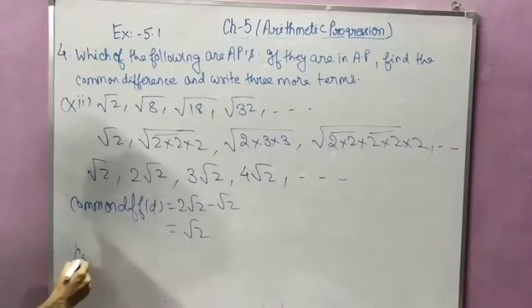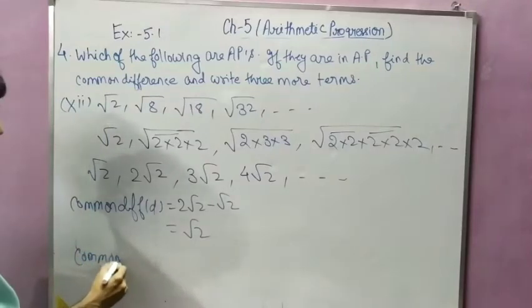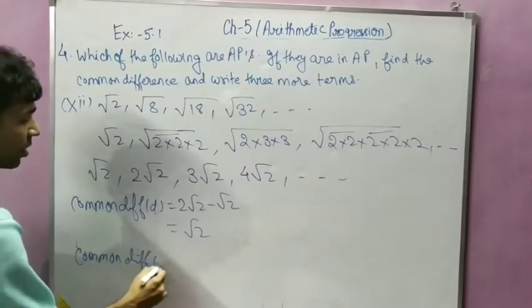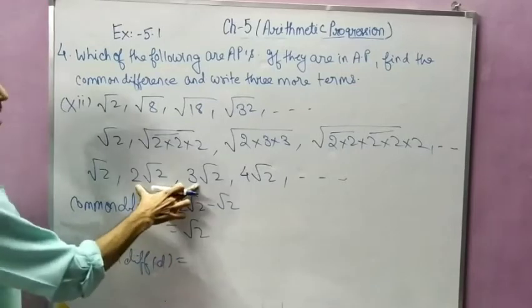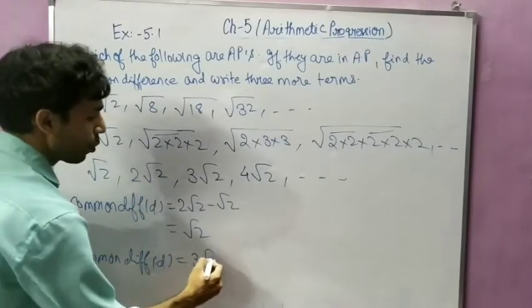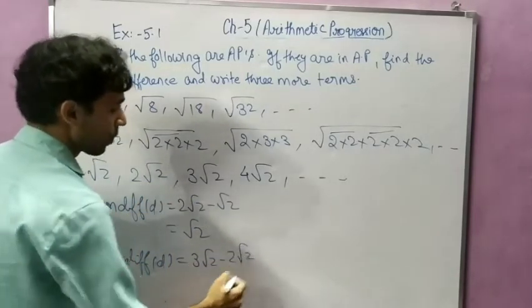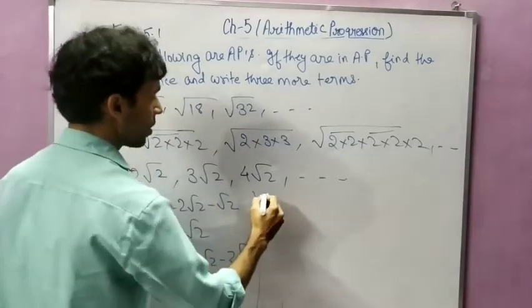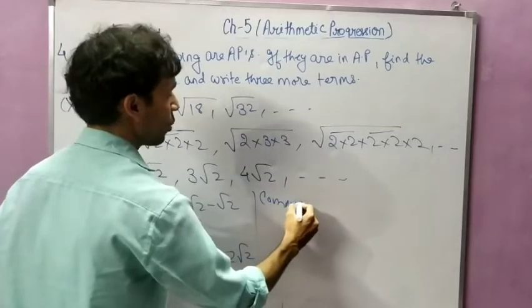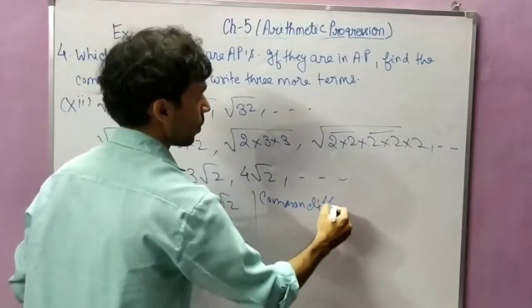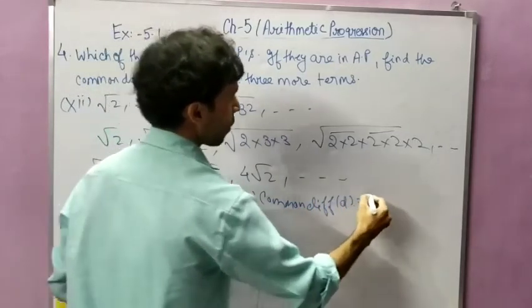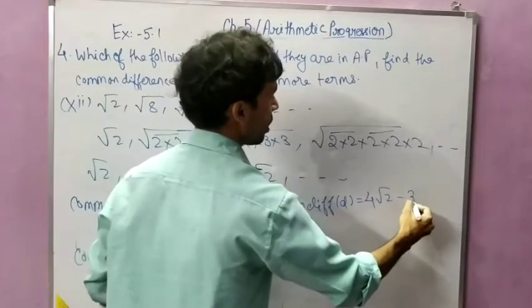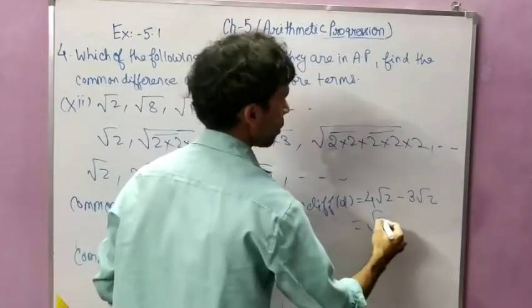In the second case, common difference D is equal to, now I am taking these two. So 3 root 2 minus 2 root 2, that is root 2 again. Now, third case, common difference D is equal to 4 root 2 minus 3 root 2. Again it is coming root 2.